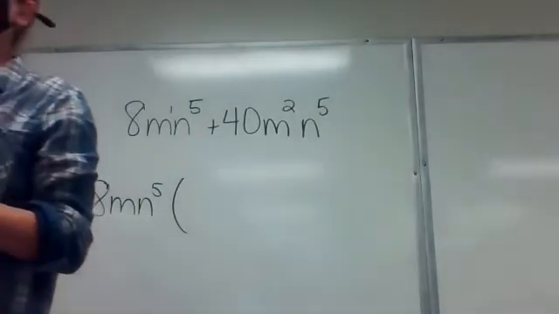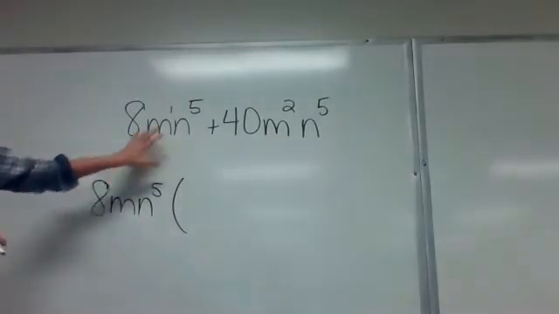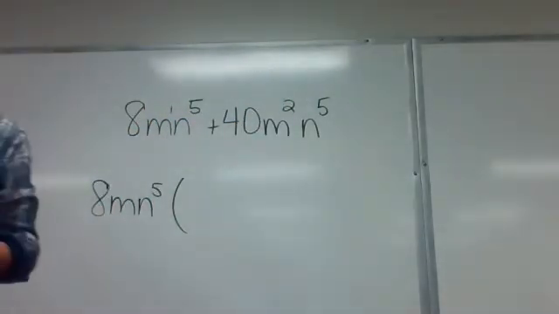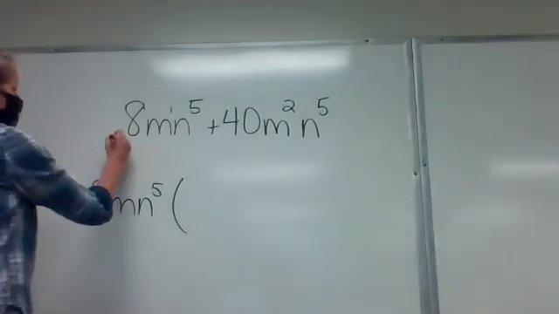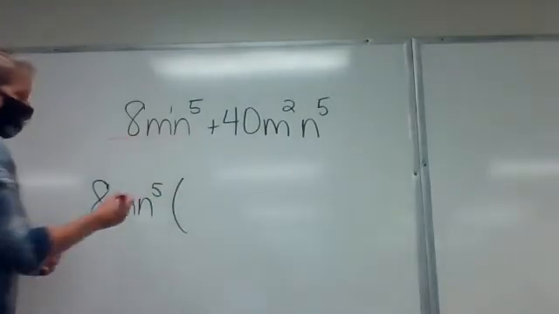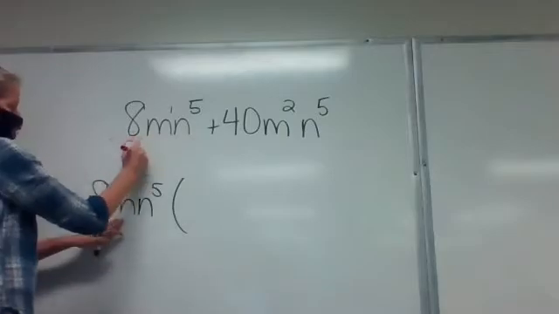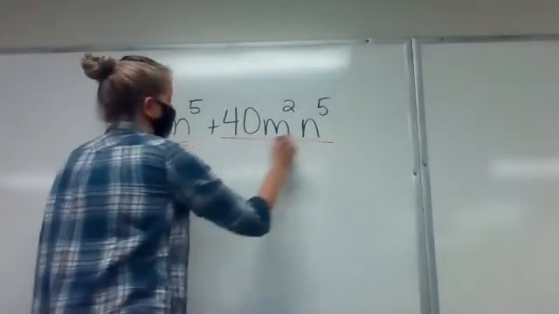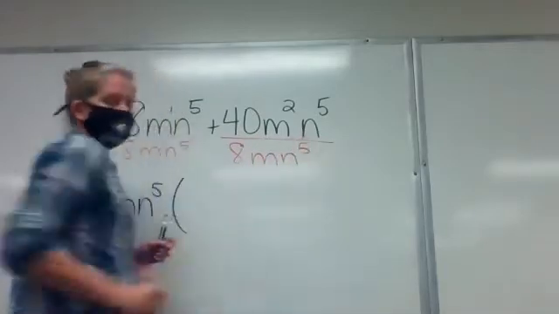Again, I definitely think you need to write what you pulled out underneath each term instead of just trying to eyeball that and do it in your head. Okay, so if I divide these by what I pulled out, which is 8m n to the 5th, divided by 8m n to the 5th.